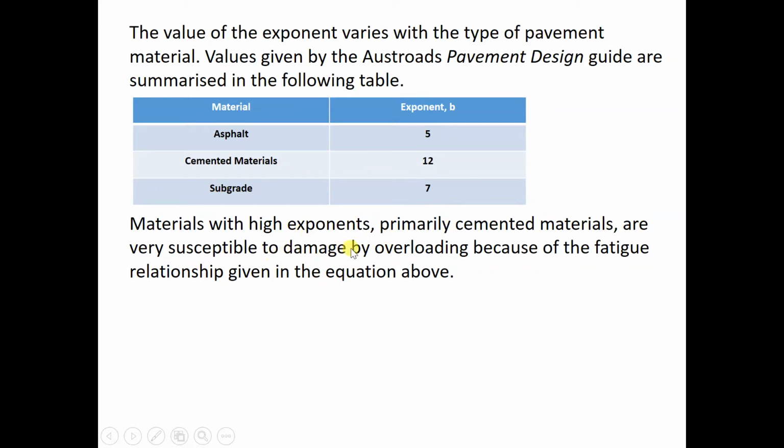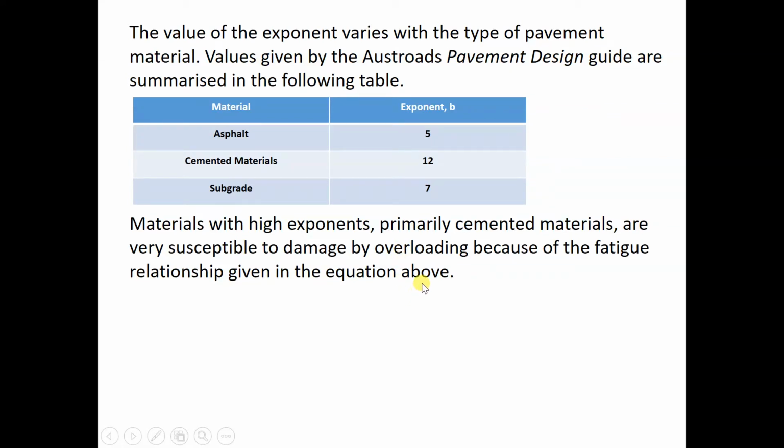Materials with a higher exponent, primarily cemented materials, are very susceptible to damage by overloading because of the fatigue relationship given in the equation below. So the ones with high exponents are very prone to damage by overloading.